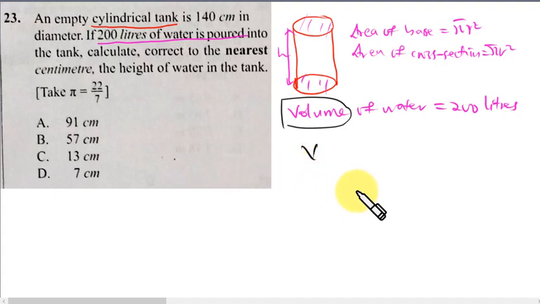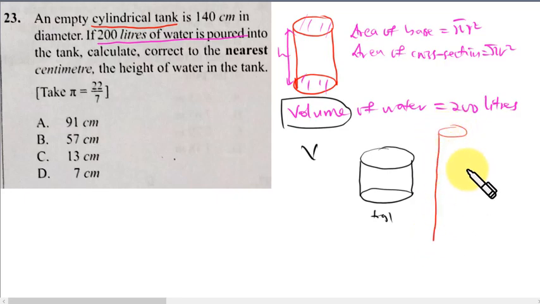Now, let us take some cylinders. For example, let us take a milk tin or a Milo tin. If I draw this, let's call this cylinder 1 or figure 1. And if I draw figure 2 this way, which one of the two will have a bigger volume?